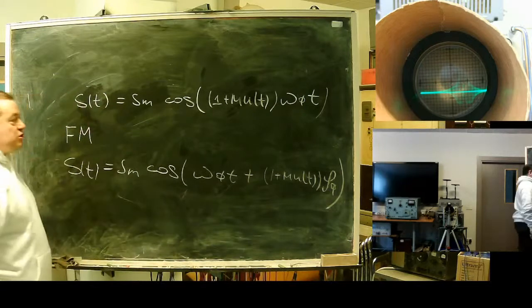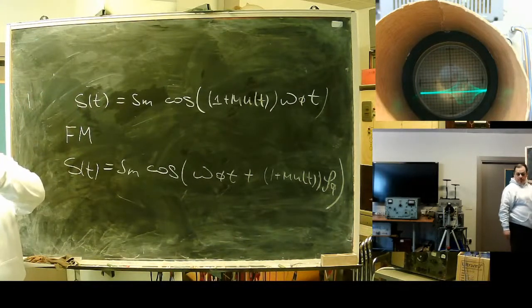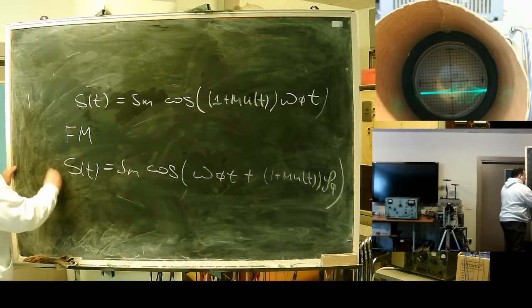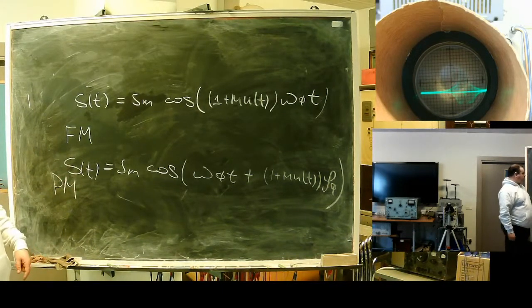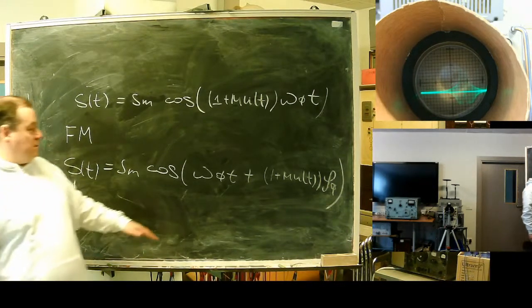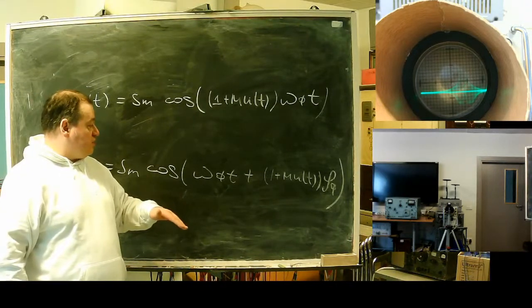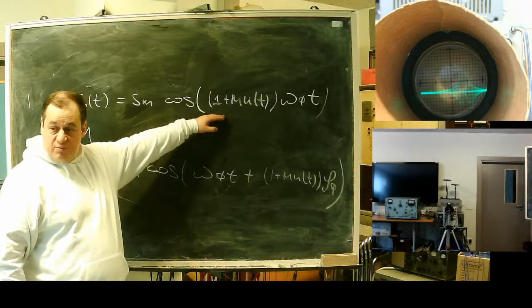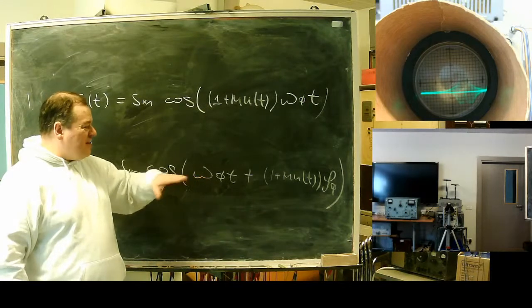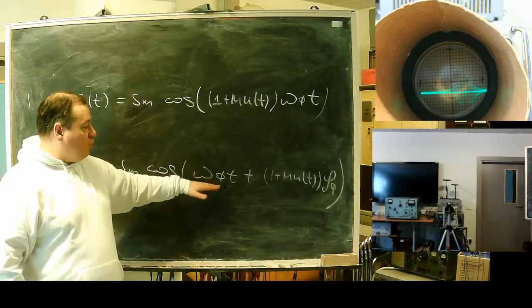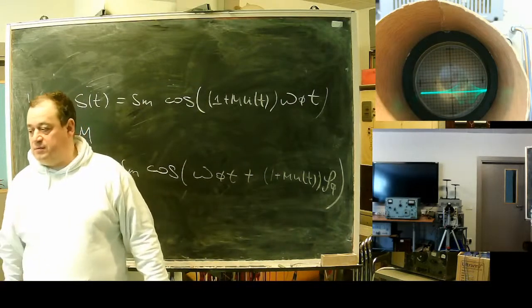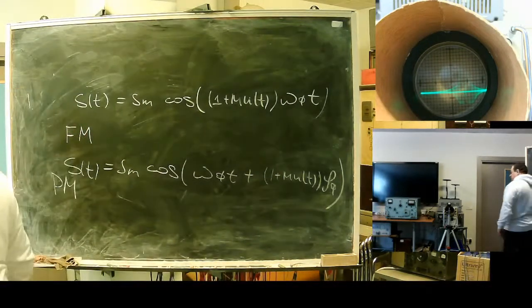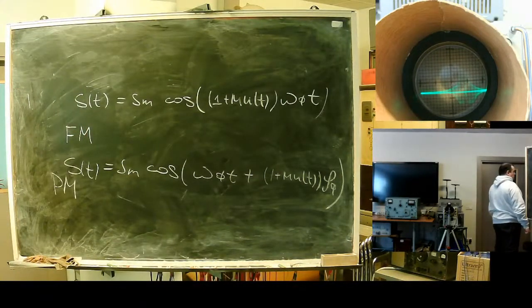We can change only angle. It will be phase modulation here. We can change frequency, it will be frequency modulation, or they're very similar. We can only modulate angle. It will be phase modulation.